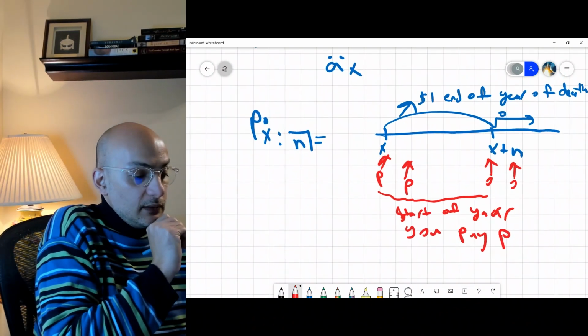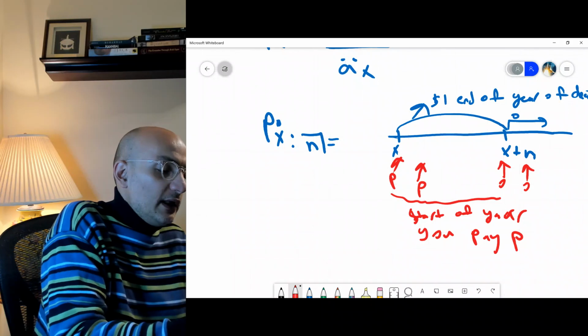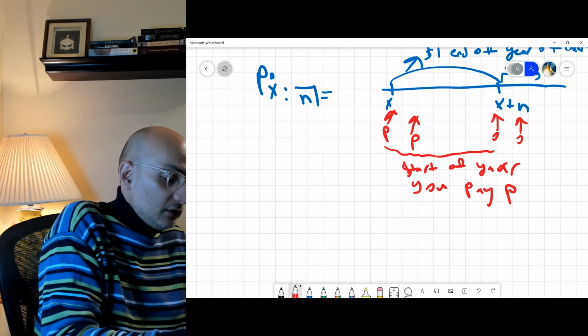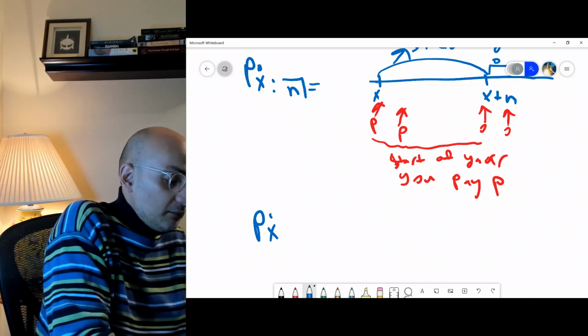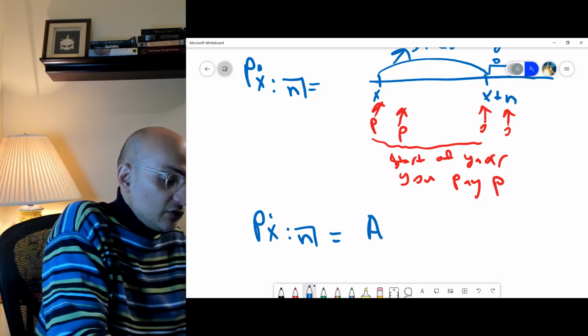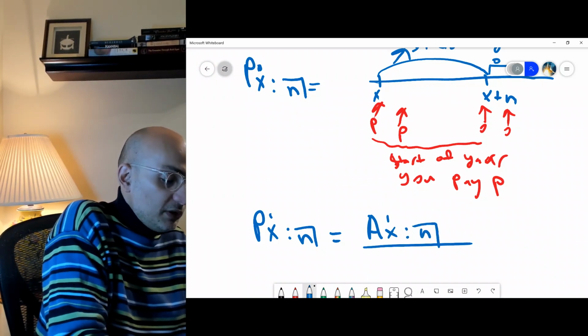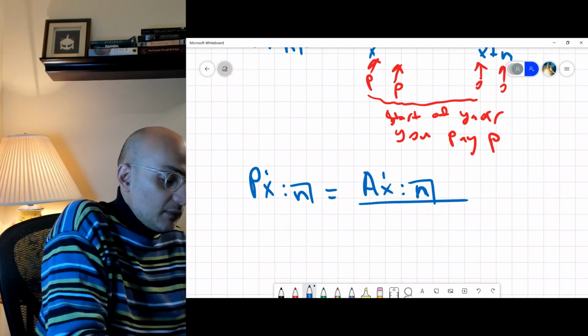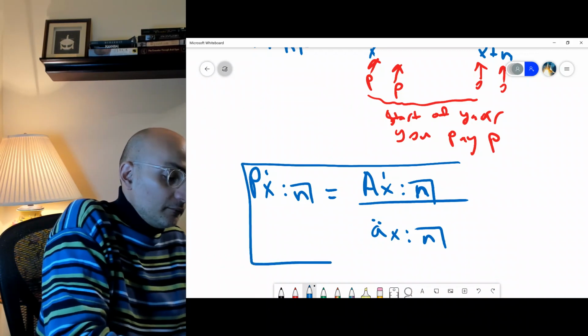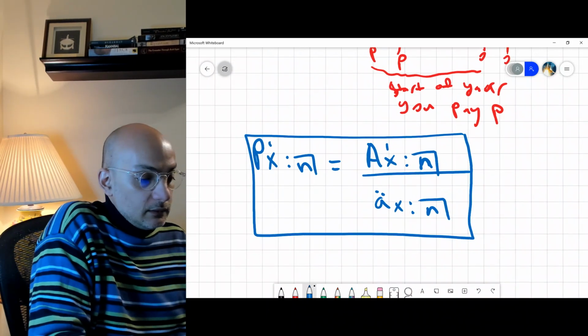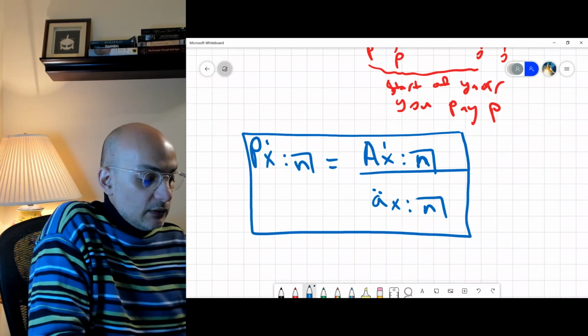This one is straightforward. If you write it, this situation is term insurance for n. We take the term insurance, the discrete case over n period, and divide it by the annuity over n. It's easy.